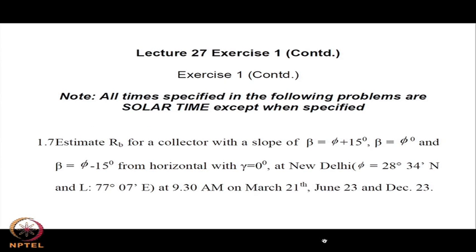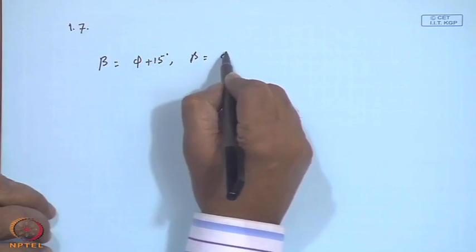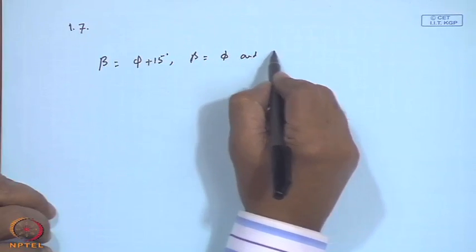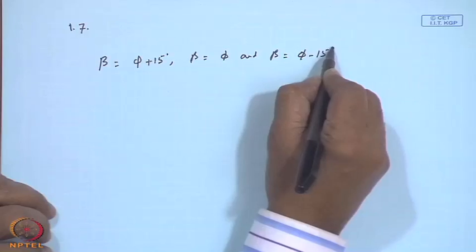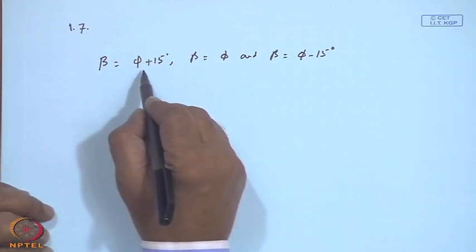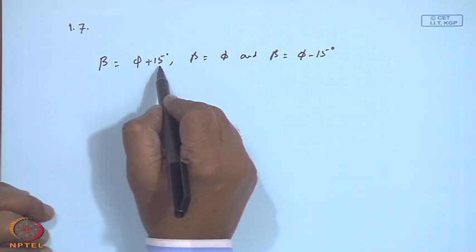So, in general we want beta equal to phi plus 15 degrees, beta equal to phi, and beta equal to phi minus 15 degrees.